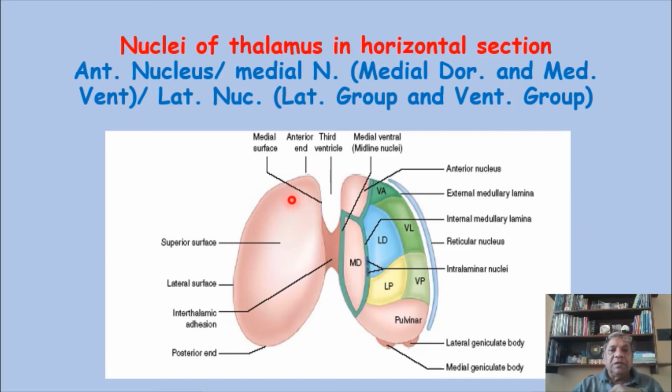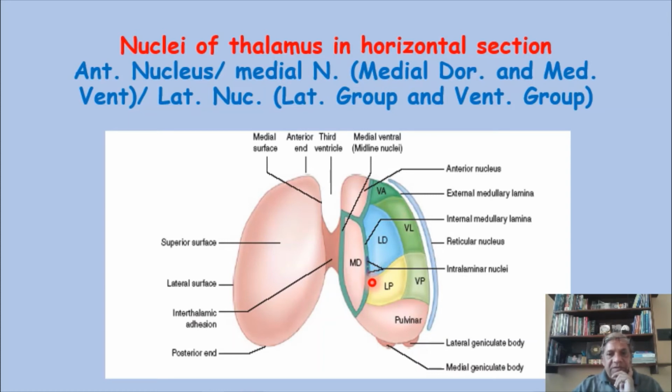On this side of the diagram, the superior surface of the thalamus is shown, with the anterior lobe, and the posterior end, which is the pulvinar, and this posterior end has the medial and lateral geniculate body. The interthalamic adhesion is there. But here we have given a section on the other half, the right thalamus.